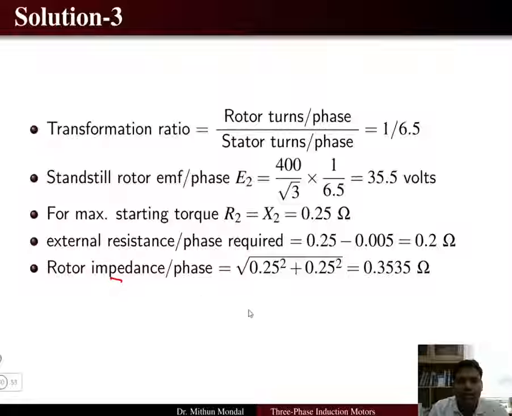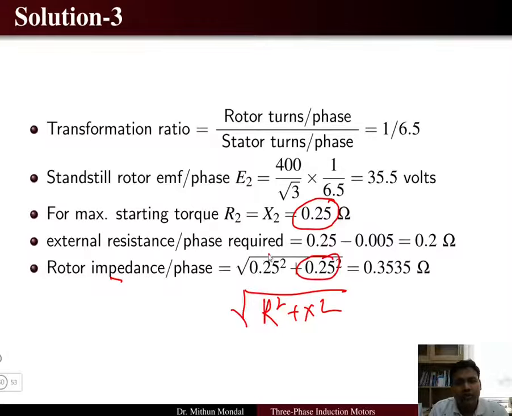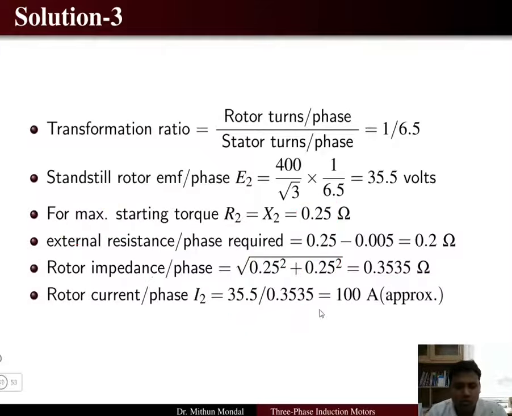Hence the rotor impedance will be under root of R square plus X square. We have the value of the resistance as 0.25 and the value of the reactance is also 0.25, because we have to obtain the maximum torque condition. So this gives the impedance to be 0.3535 ohms.